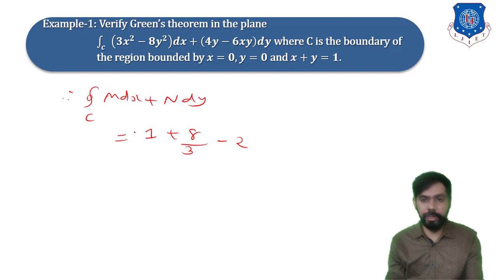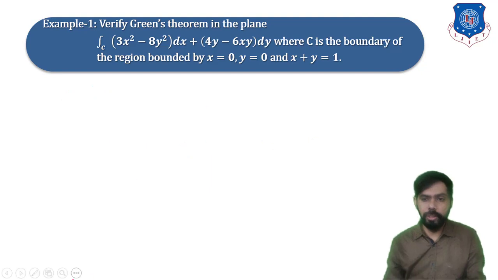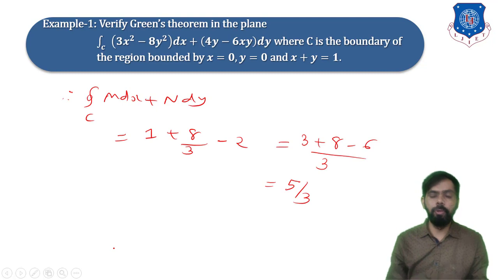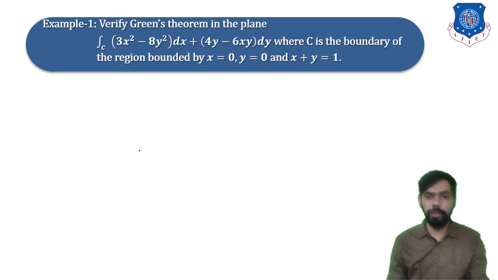Now we will simplify this. So this will be 3 plus 8 minus 6 divided by 3. So 11 minus 6 is 5. So this will be 5 divided by 3. So this is the left hand side of Green's theorem. Now we will find the right hand side of Green's theorem.